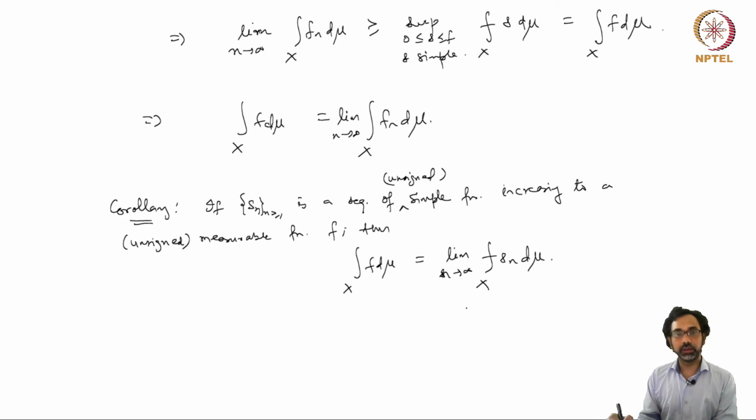Therefore, we always have at least one sequence which we can use to evaluate such an integral. So the monotone convergence theorem gives you an immediate way to compute the Lebesgue integral in terms of increasing sequences of simple functions or even unsigned measurable functions.